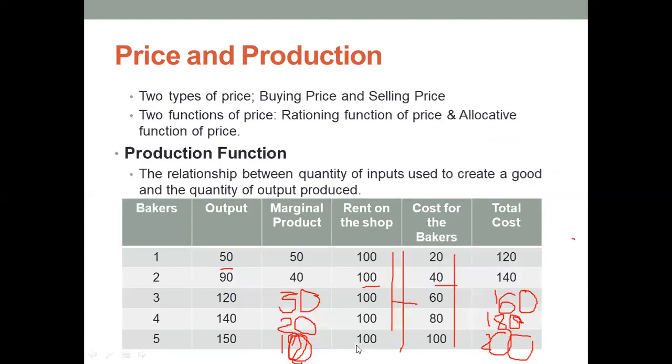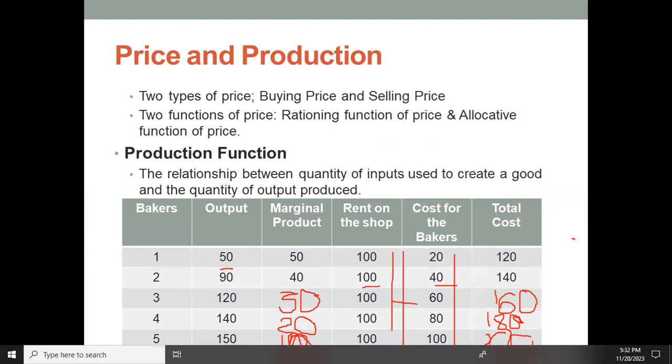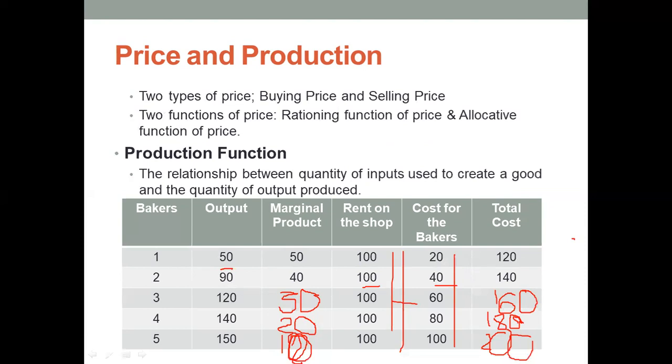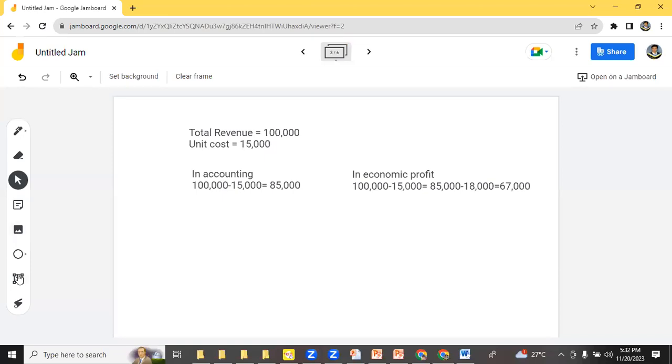So let's have it here. Okay? So for example, di ba for the AFC, okay, AFC or the average fixed.